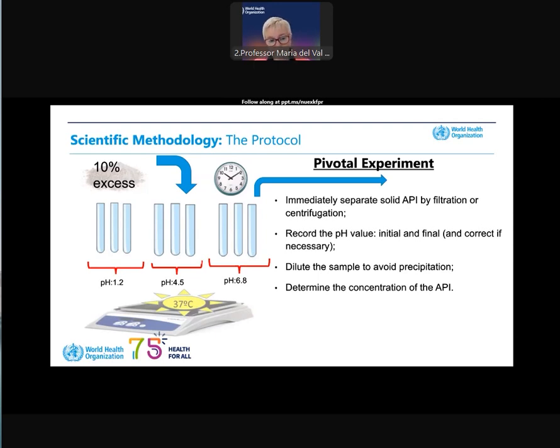In this case, we use less excess of solid, in general 10% of excess of solid, and the procedure is exactly the same, except we wait until the sampling time, keeping the samples under agitation, and then separate the solid by filtration or centrifugation, record the initial and final pH value, and we recommend in general to dilute the sample immediately after filtering or centrifugation to avoid precipitation and determine the concentration of the API in the sample.